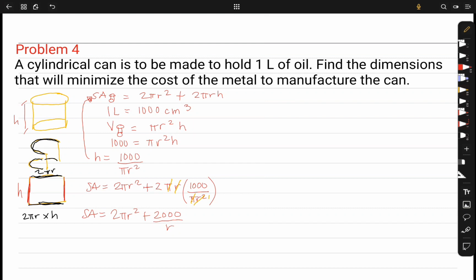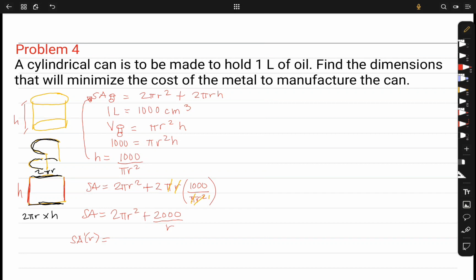Then, after this, we can now differentiate yung ating equation. So, differentiating yung ating surface area in terms of r, kasi naka-r tayo na variable. So, anong derivative ng 2 pi r squared?